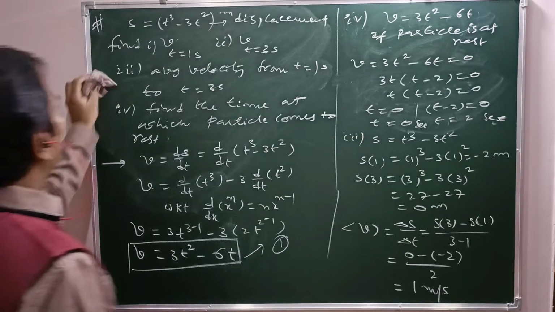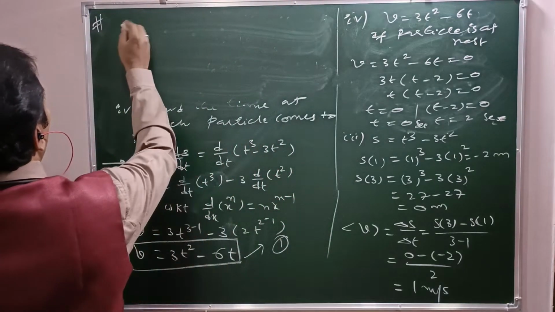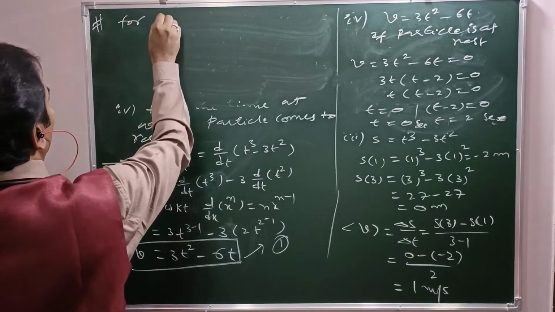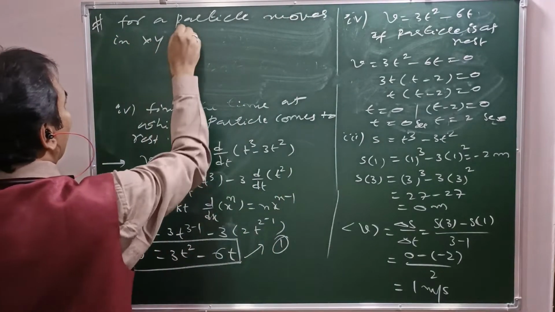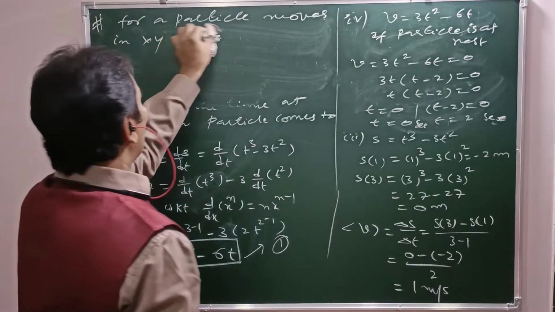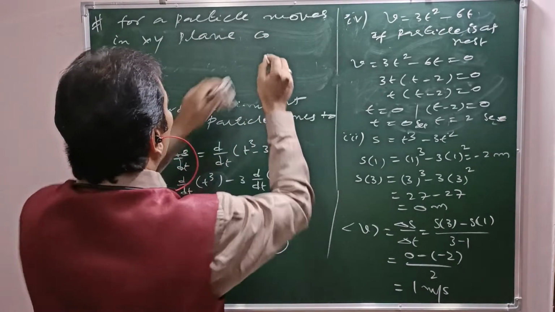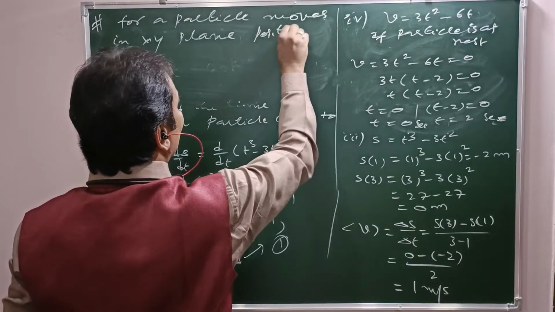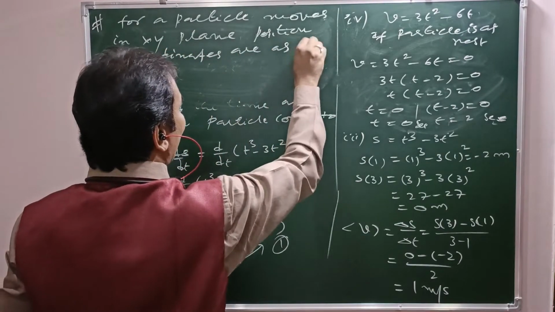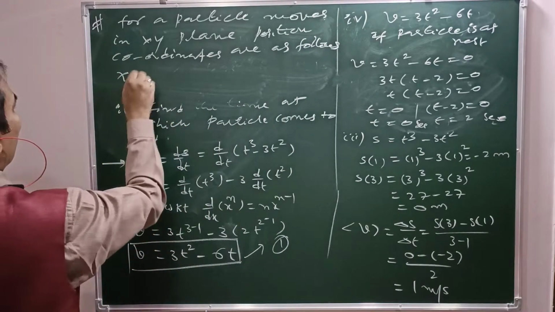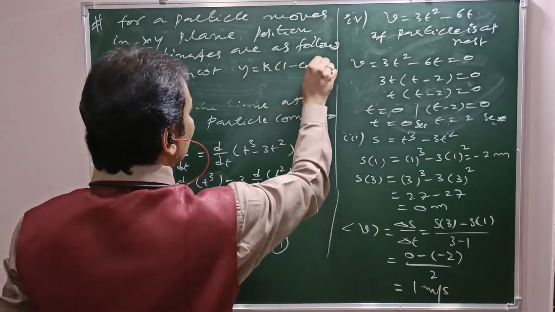Coming to one more numerical. Suppose a particle moves in the xy plane, and its position coordinates are as follows. x equals k sin omega t, y equals k of 1 minus cos omega t.